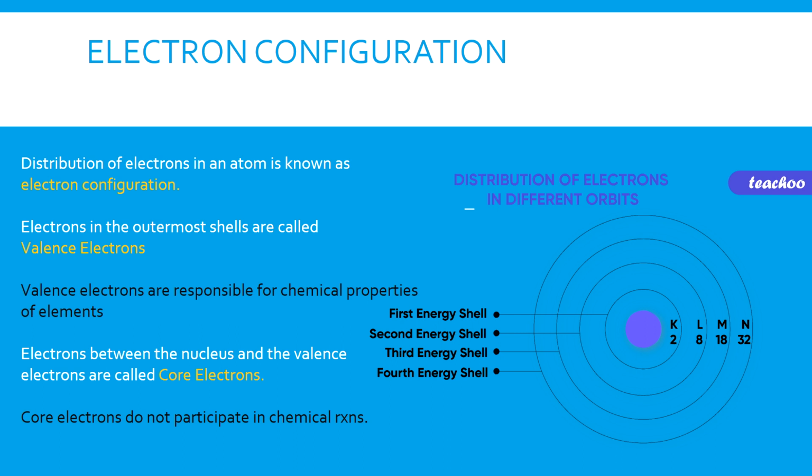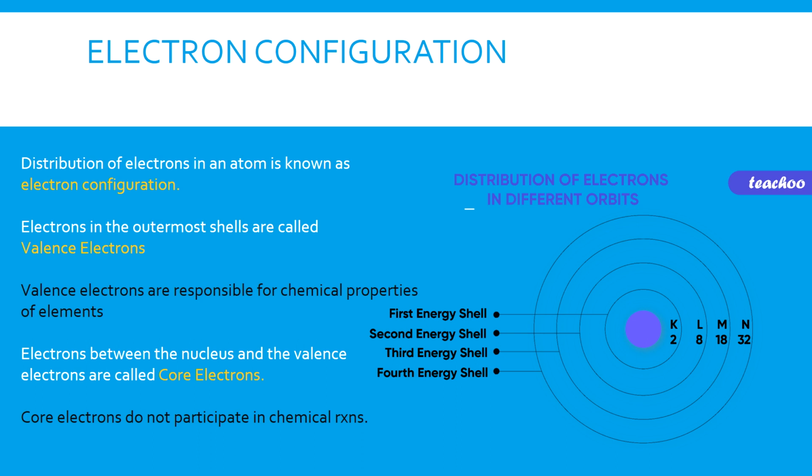They are arranged. You don't have just one shell that all the electrons are found on. The electrons are well arranged. So the way they are distributed on the shells is what we call electron configuration.